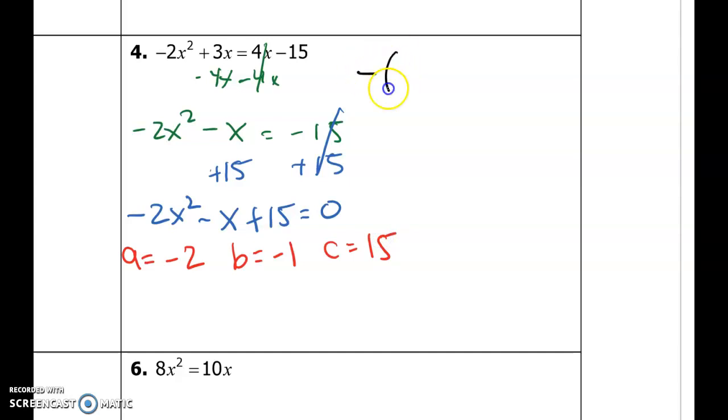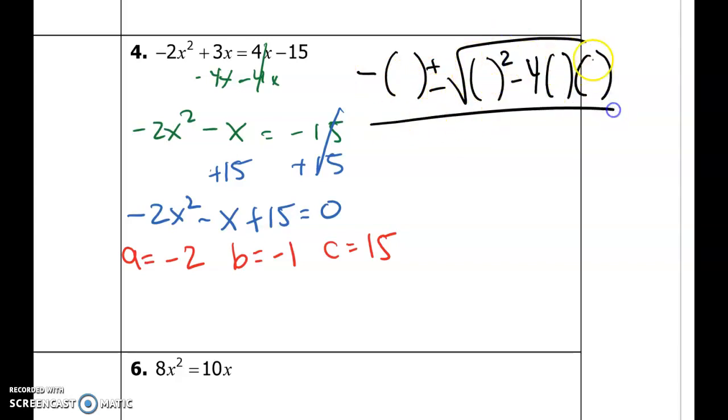So if I substitute that into my equation, I have negative b plus or minus the square root of b squared minus 4ac all over 2a. And now I just plug in these values. So negative b is just b goes here, a goes here, and c goes here. Now I need to simplify. So what's a negative times a negative?